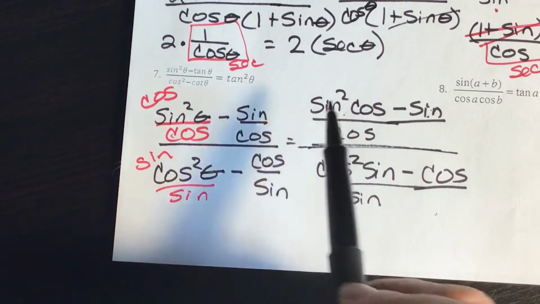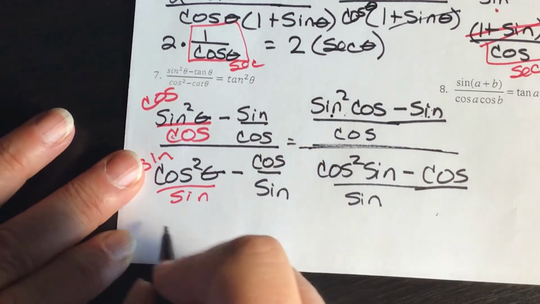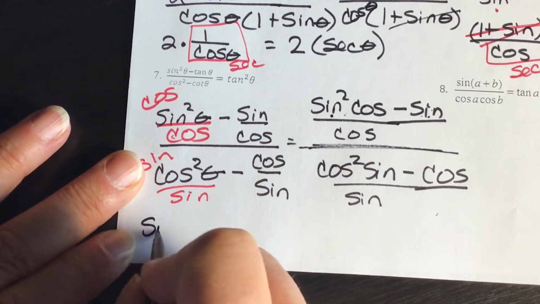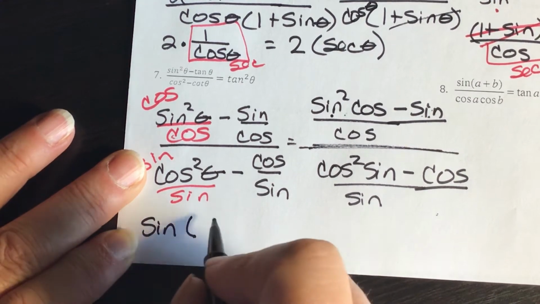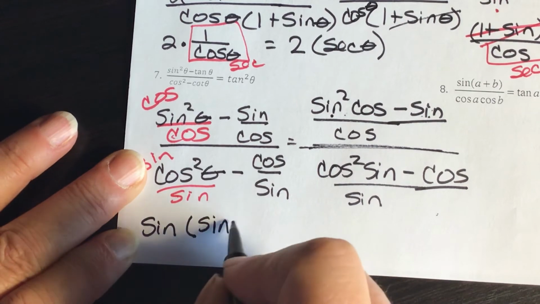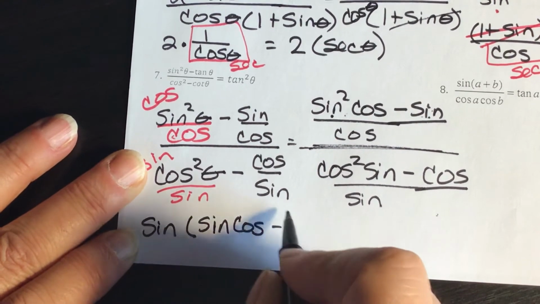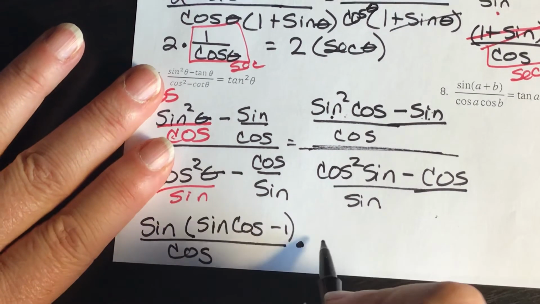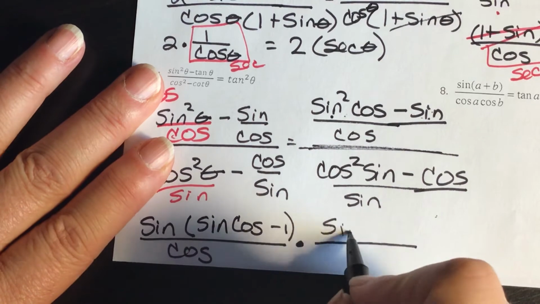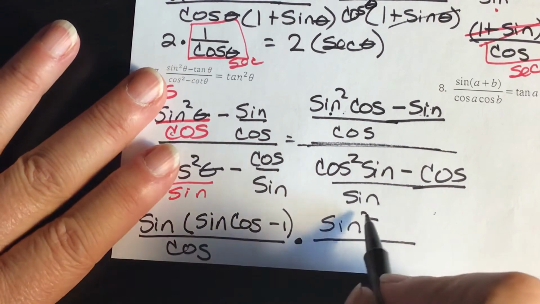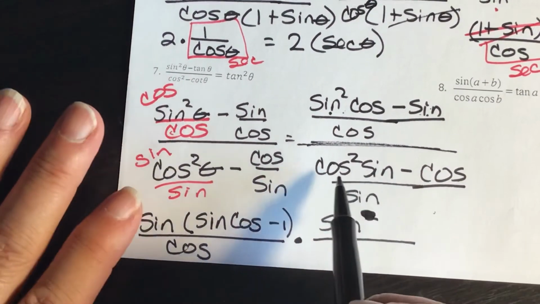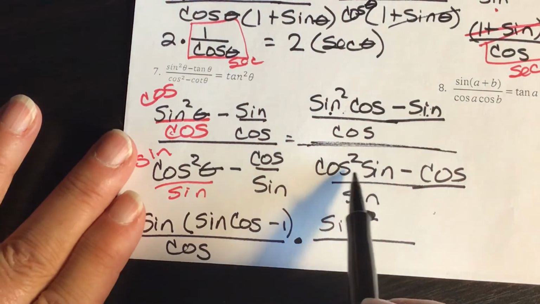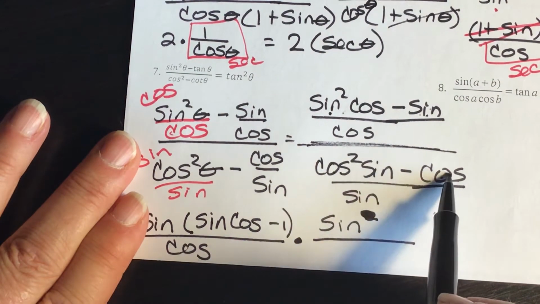Now, I can look here and I can factor out a sine in each of these. I think that's what I want to do. I can factor out a sine. And I'll have sine cosine minus 1 over cosine. And then I'm going to multiply by the reciprocal, so I'm going to have a sine here. Whoops, it's not squared. But I can multiply out a cosine on each one of these.